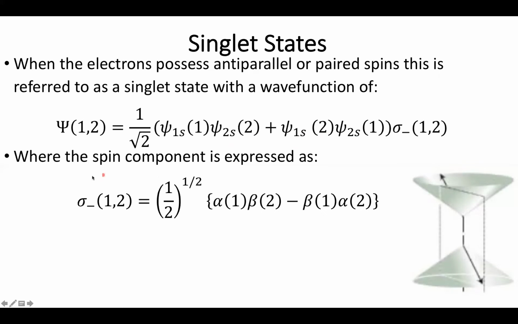Now, we have to also address what the wave function of the spin component looks like. So again, this is my old friend, sigma minus, where I have a 50% mixture of the first electron being pointed spin up and the second electron being pointed spin down, and then a 50% mixture of the first electron being pointed down and the second electron being pointed up.